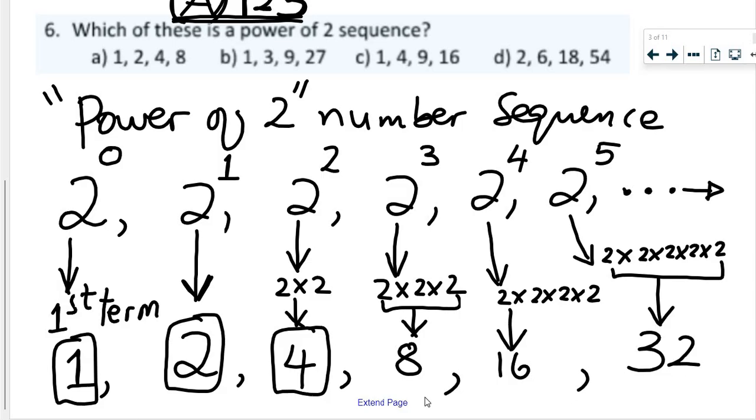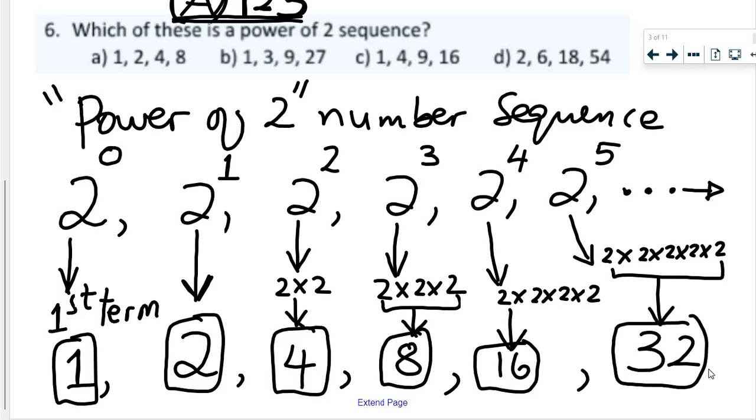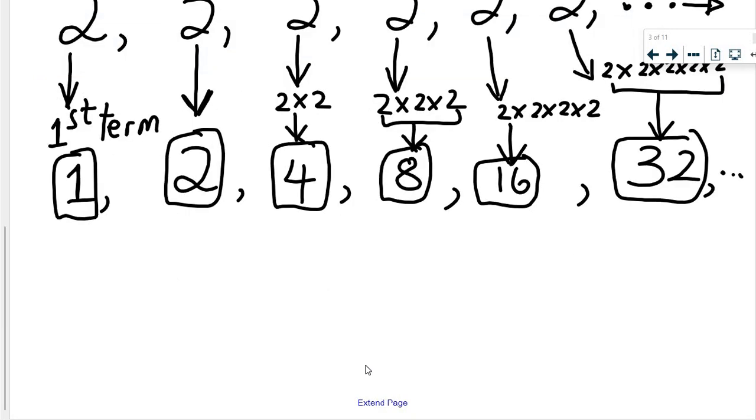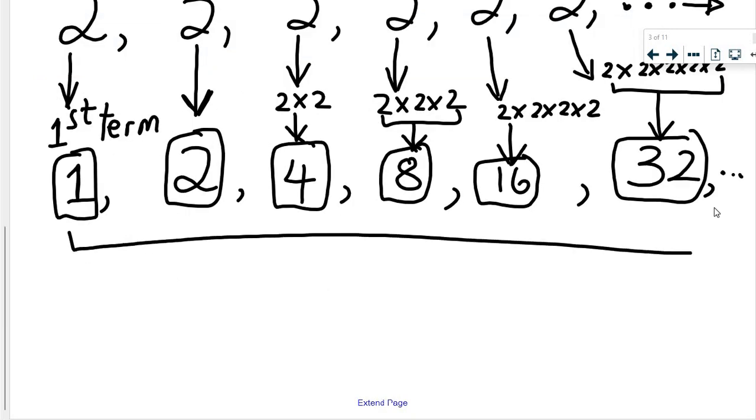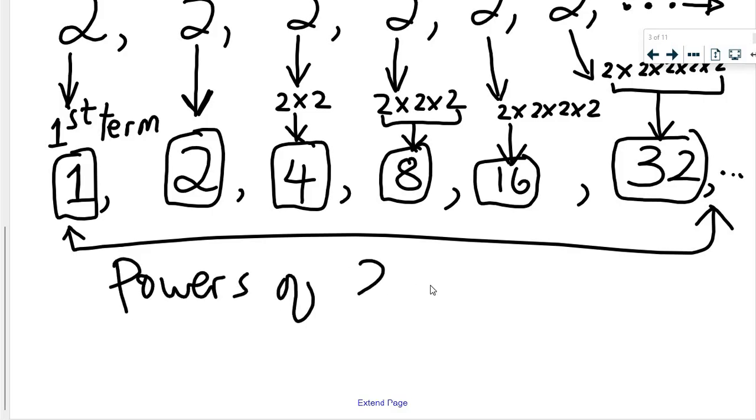Now, these numbers you see, 1, 2, 4, 8, 16, 32, and so on, are what we call the powers of 2 number sequence.